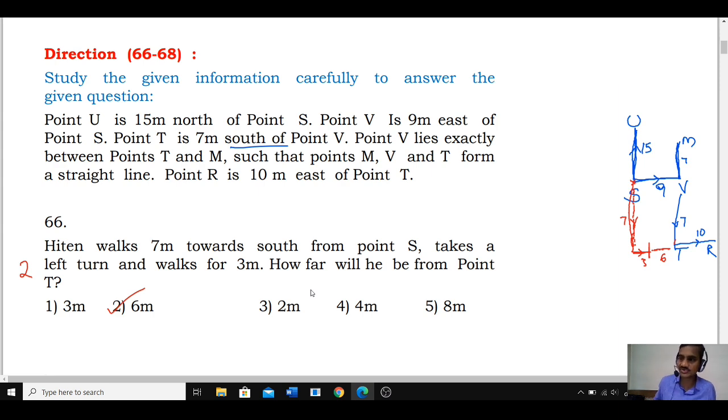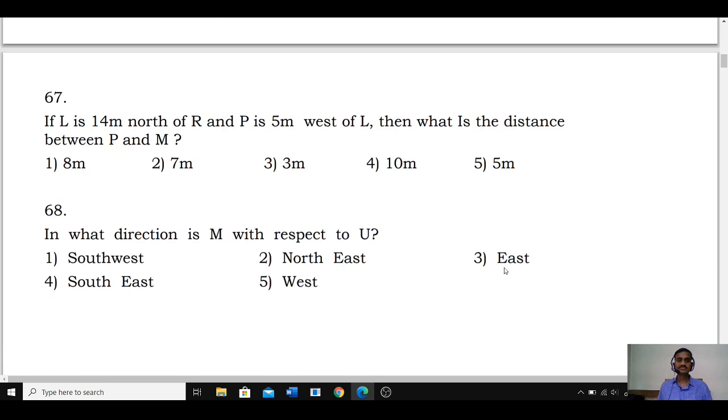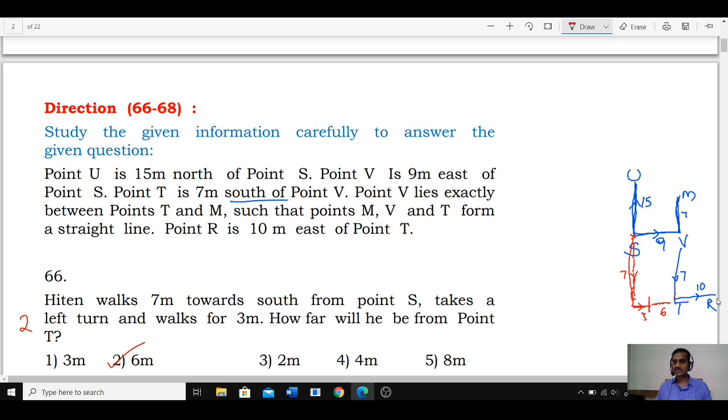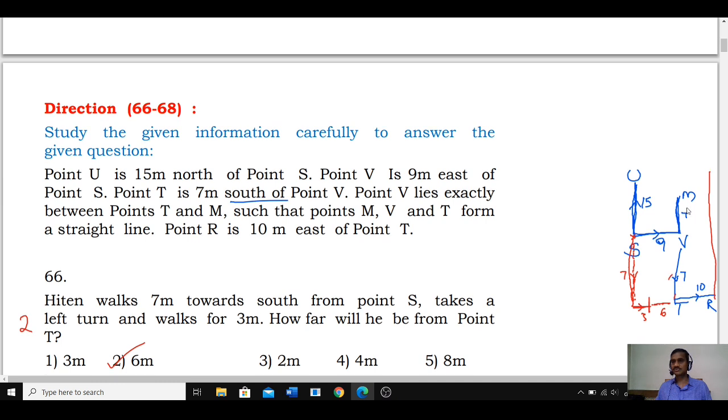Then 67. L is 14 meters to the north of R. L is 14 meters to the north of R means from here, now this is 7 plus 7, 14. L is how many meters? 14 meters, to the north of R. That means 7 plus 7, 14.